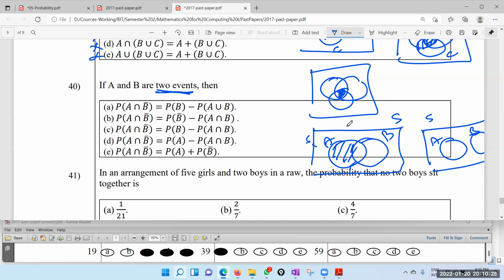Right? It's not conditional, the sample space is still S. This option says probability of B minus probability of A union B. That can't be right. There's no logic like that. To belong to A and not belong to B, it must be this part, right?